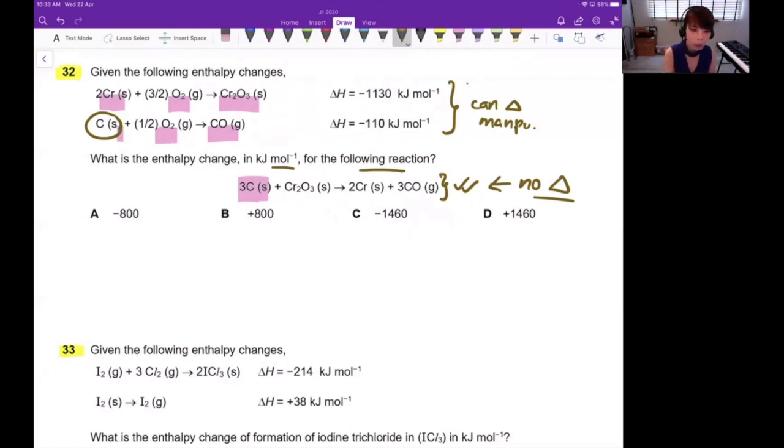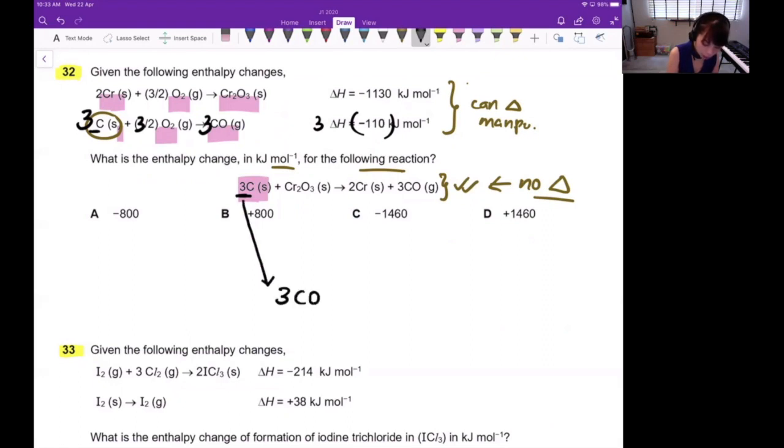You can manipulate, for example, when I find a common species. So this is my carbon and it's 3 times, but I don't have 3 here, so what I can do is multiply by 3. So I multiply by 3, by 3, by 3, and by 3. What I am going to do is convert carbon to 3 carbon monoxide, gaseous.